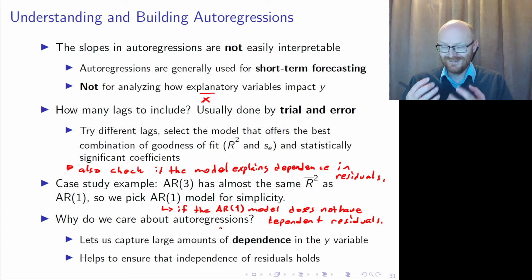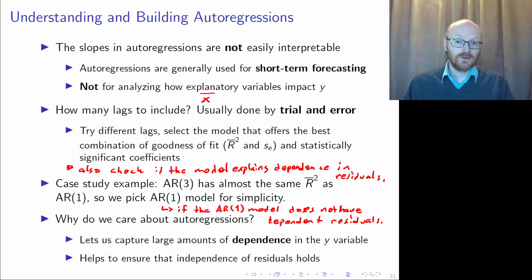This autoregression lets us capture dependence in the data. For example, in the electricity markets, you have 1 day cycles and 1 week cycles, with lower prices in the weekend and higher prices during the weekdays.